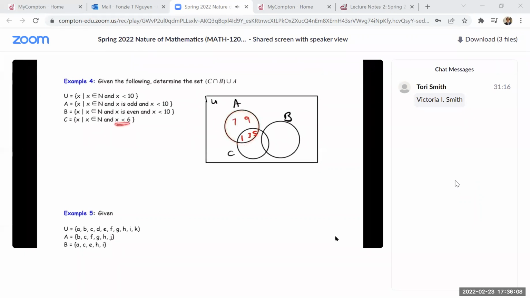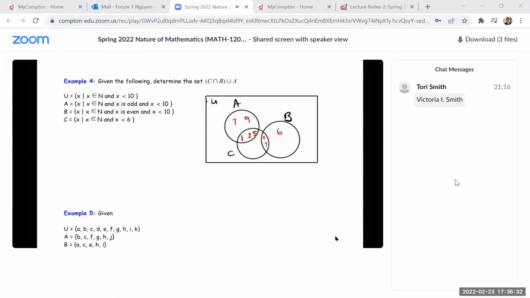And then C is going to have 1, 2, 3, 4, 5. We're just missing the 2 and 4, but that's also going to be overlapping B, because B is the evens. So it's going to be 2 and 4 in a little space.